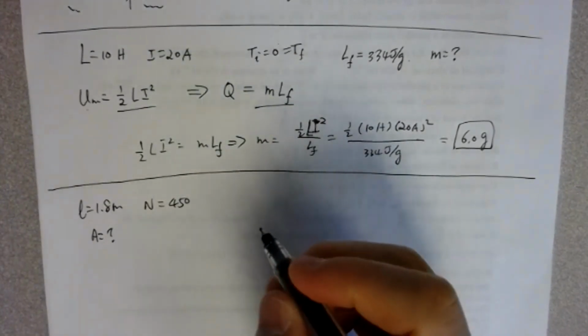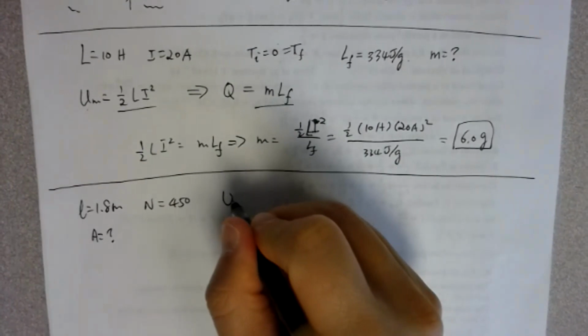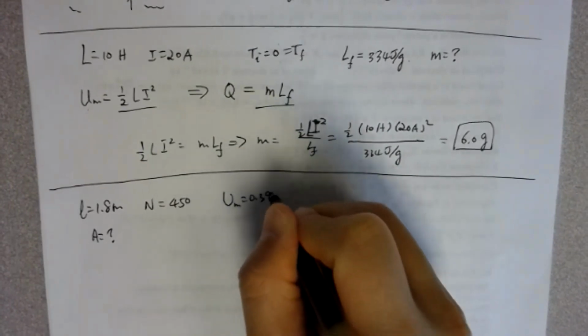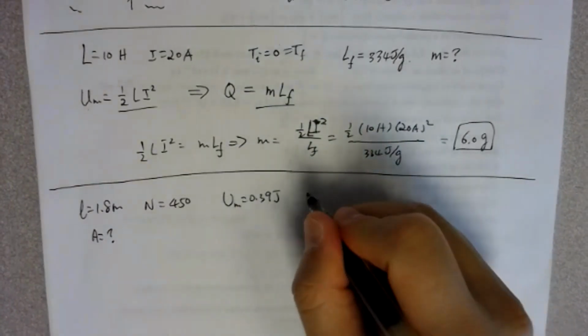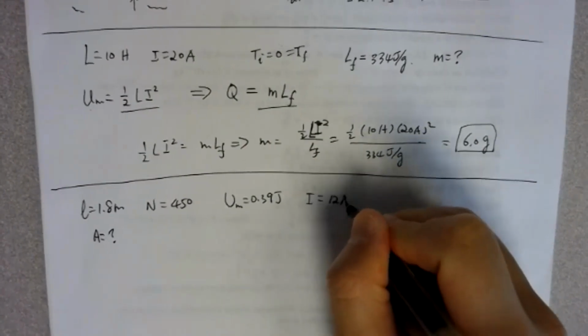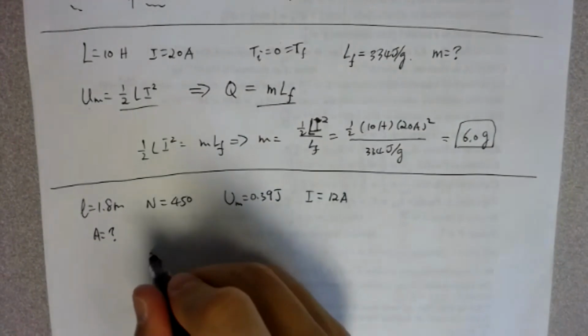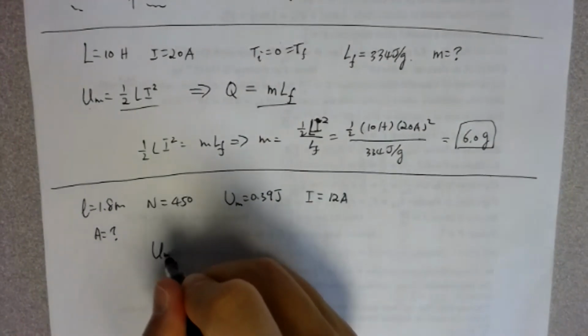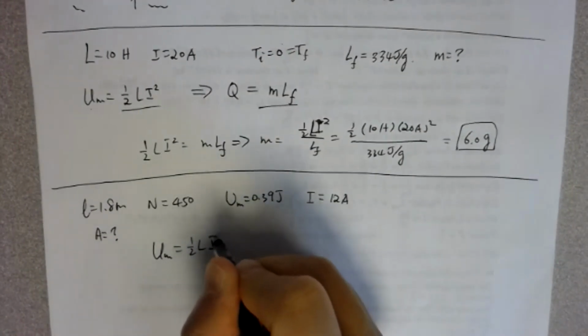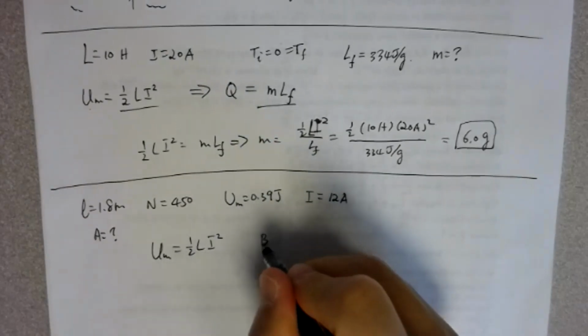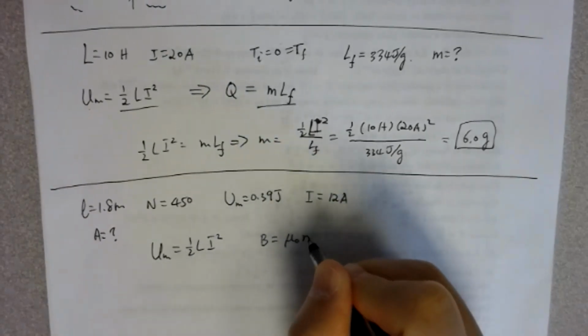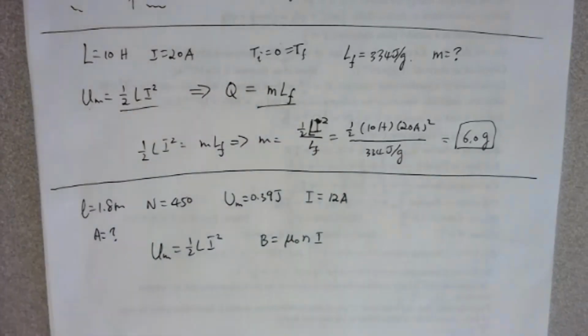We know the energy stored is 0.39 joules, and the current is 12 amps. You can start with U M equal to 1/2 L i squared, and then the B field in the solenoid will be that.